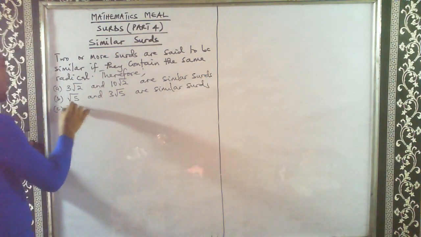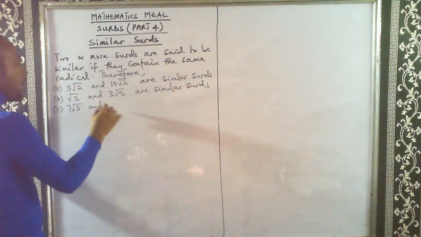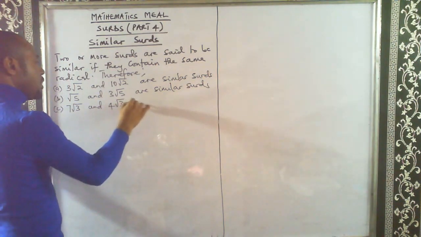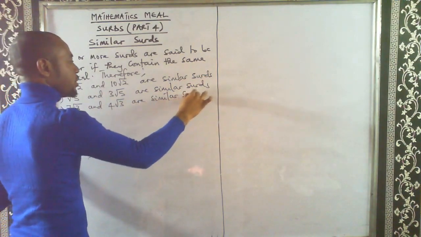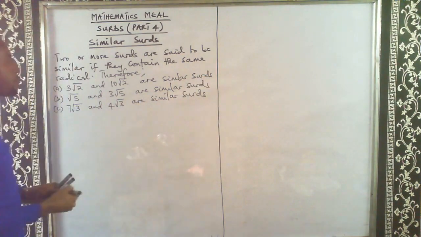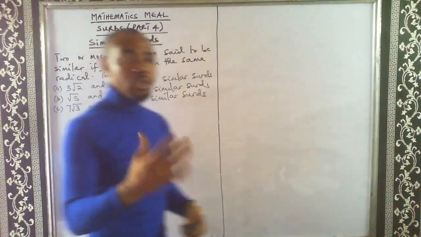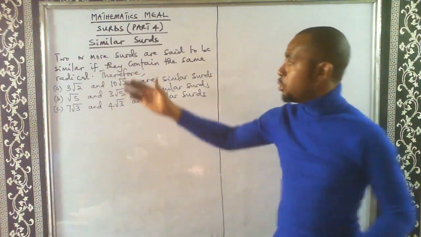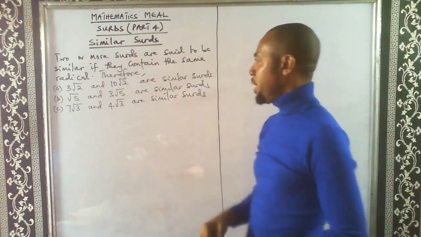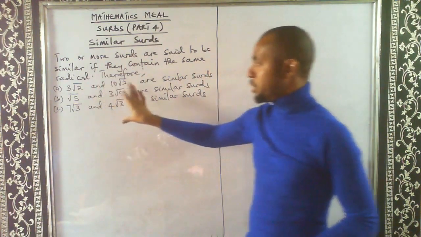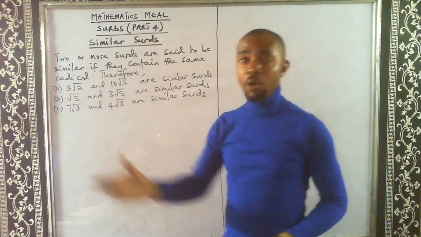We can say that 7 root 3 and 4 root 3 are similar surds, and so on. 2 or more surds are said to be similar if they contain the same radical. So if you look at all these surds, the pairs given, they are all similar surds.